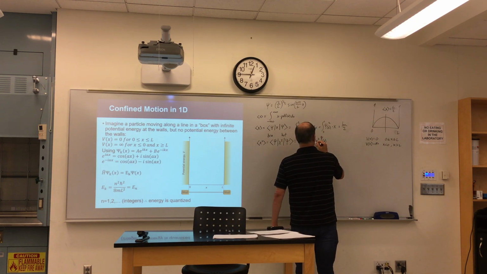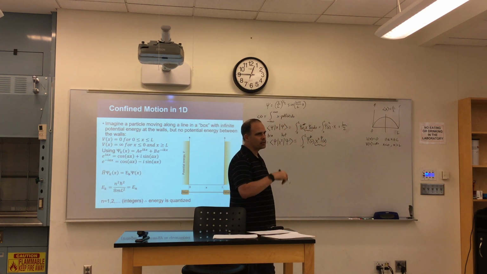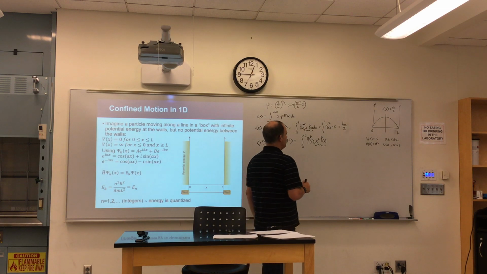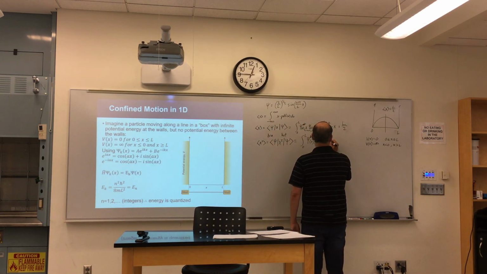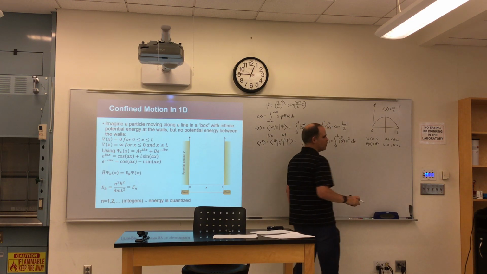So first you would do this part here, which in this case gives you back the exact same thing. It's x squared times your wave function, and then dx, that's equal to the integral from 0 to L.